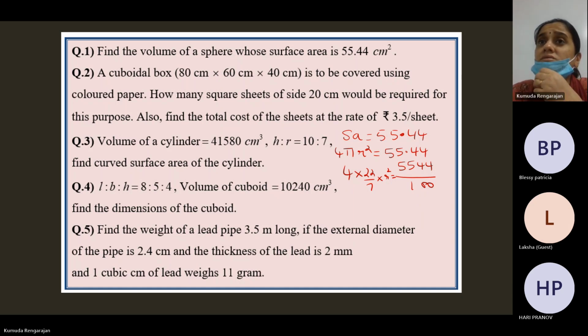Sorry? 1000? This is just a simple equation. You should know how to solve this.